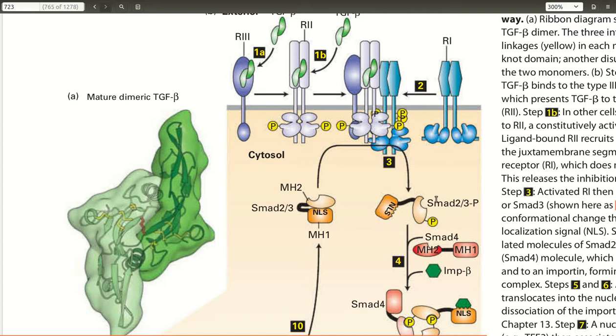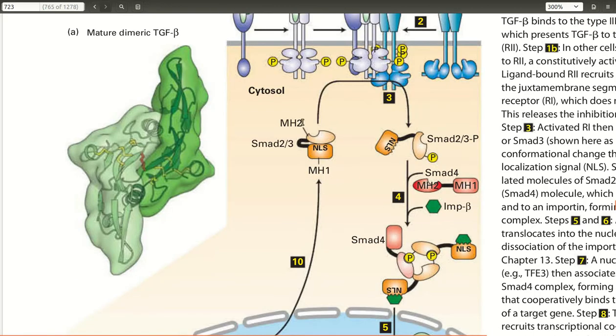And now with this type of structure, it could then bind to a co-SMAD called SMAD4, shown here in red, and also to an importin beta compound.